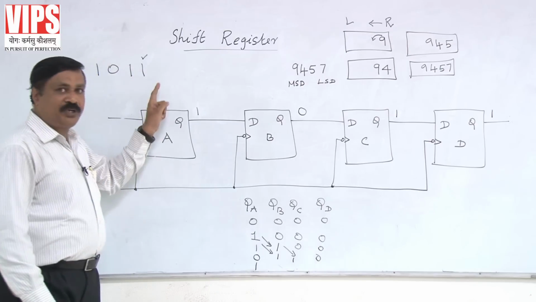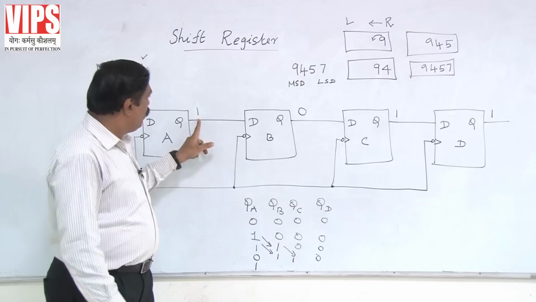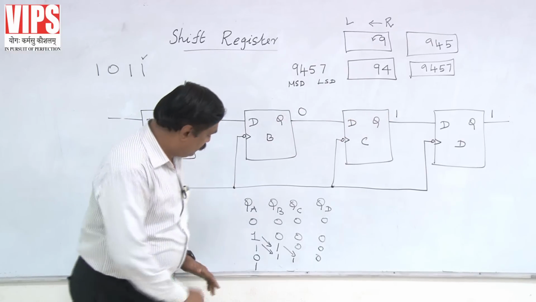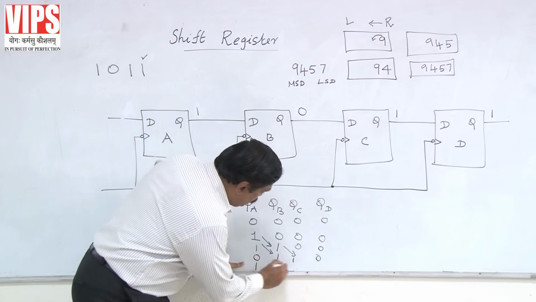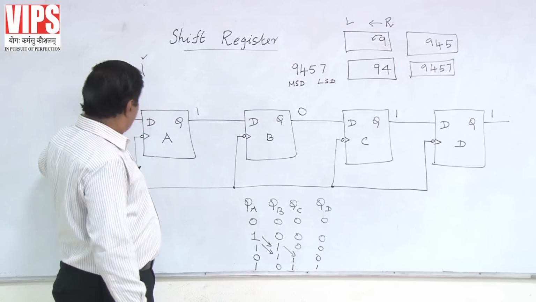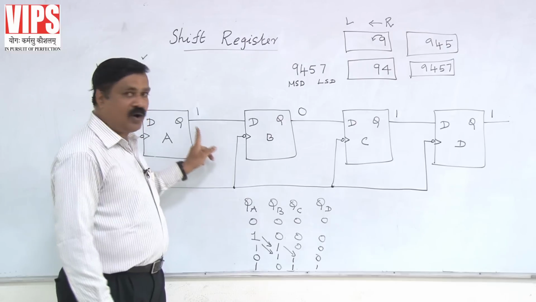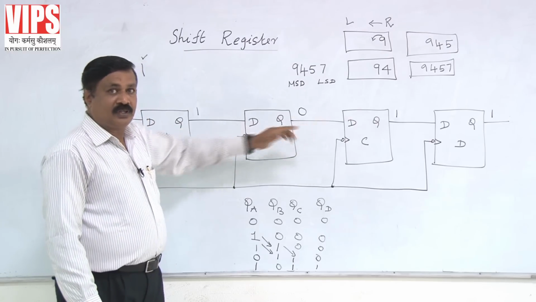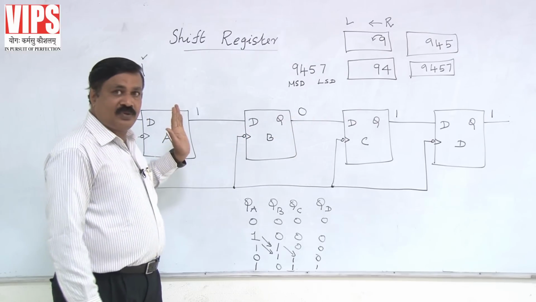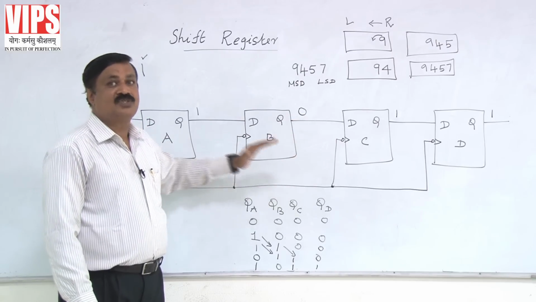Now our input is 1 0 1 1. Now you are getting 1 0 1 1. The input is stored at all the outputs. Therefore, it is used to shift the data as well as store the data.